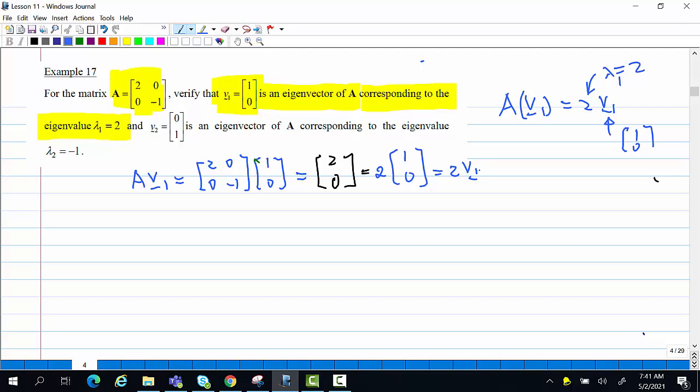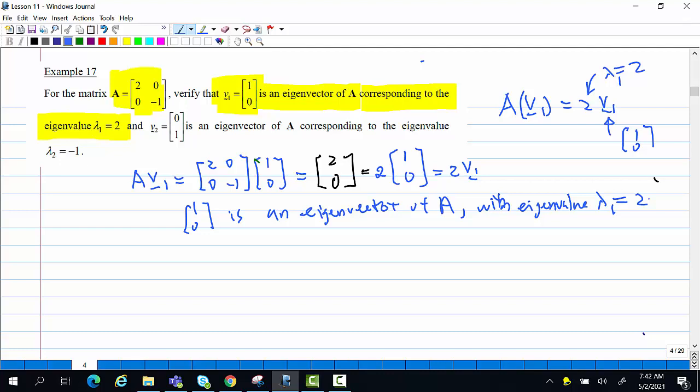So we have shown that A times V1 is equal to 2 times V1. Therefore, 1, 0 is an eigenvector of A with eigenvalue lambda equal to 2.